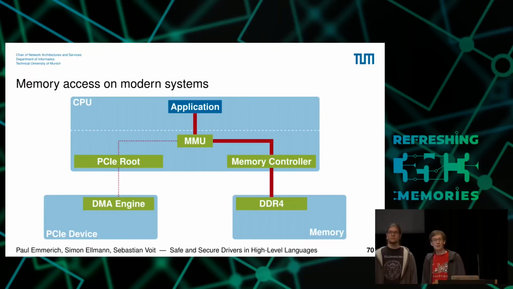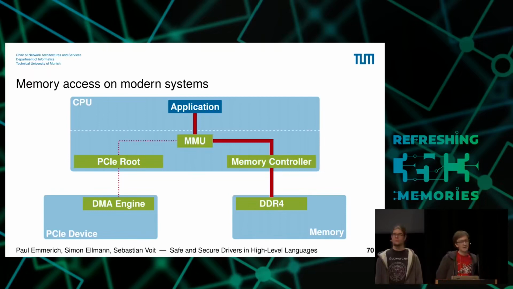The MMU is the memory management unit, and it translates your virtual address that you have in your program to a physical address that can be used by the memory controller. Now, the security or the isolation between processes is controlled by this MMU, and only the kernel can reprogram the MMU to guarantee the isolation.